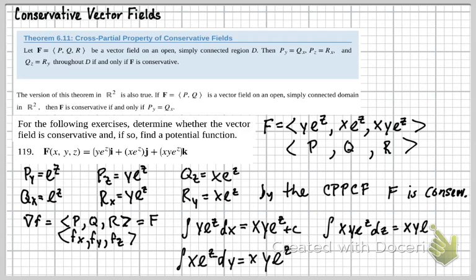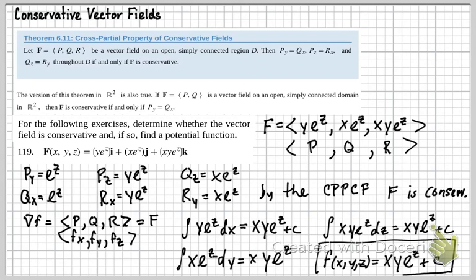So x times y, e to the z plus c. Now if you notice, they are all exactly the same. So my potential function is going to be x y e to the z plus c.